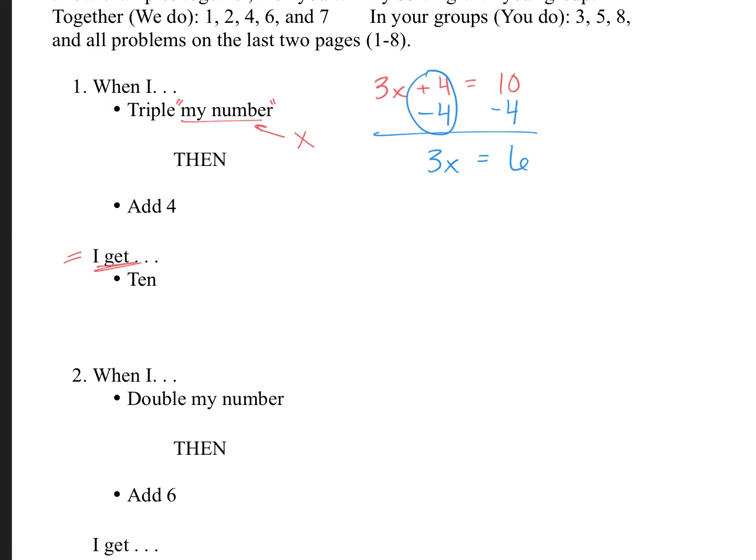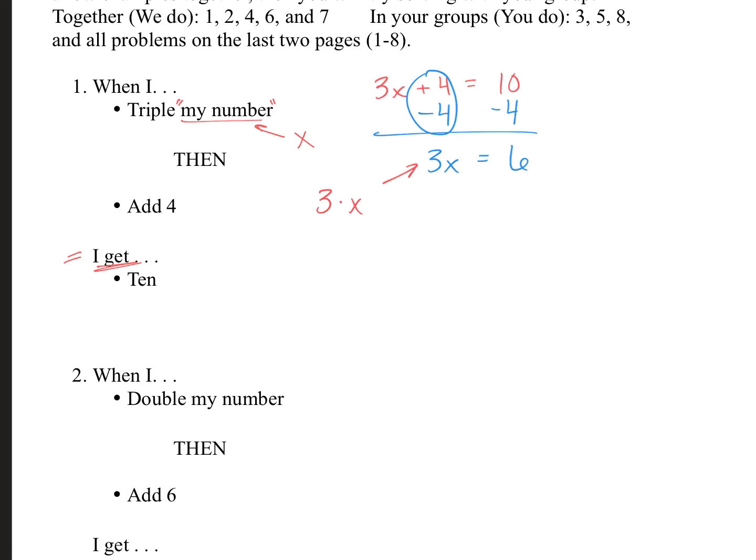Okay. It's also important to understand that 3x is really 3 times x. So up here, we were doing the opposite operation. So the opposite of adding 4 is subtracting 4. Down here, we're going to do the opposite operation as well. The opposite of multiplying by 3 would be dividing by 3.